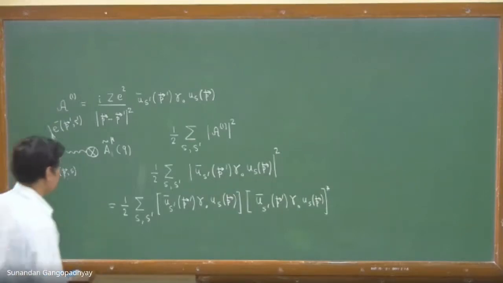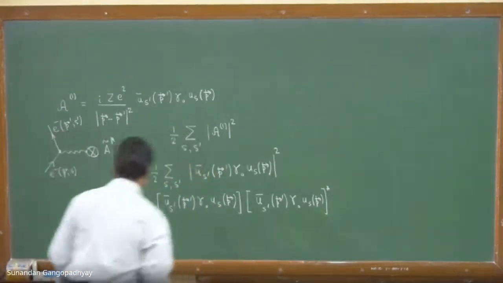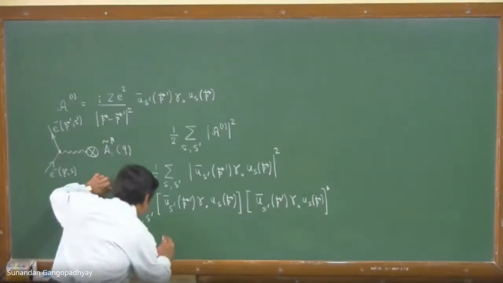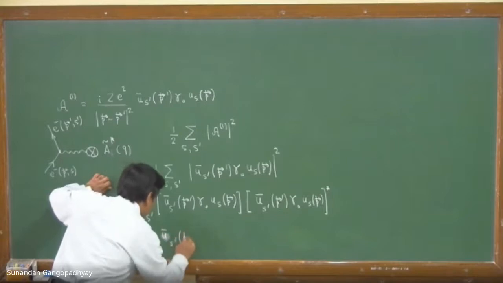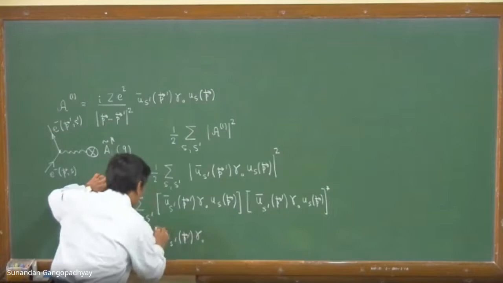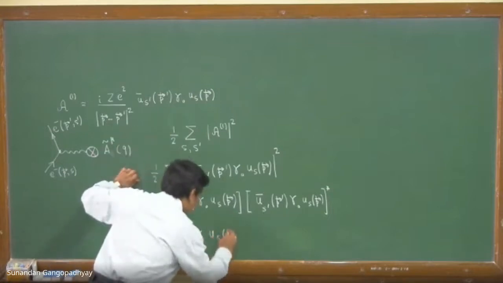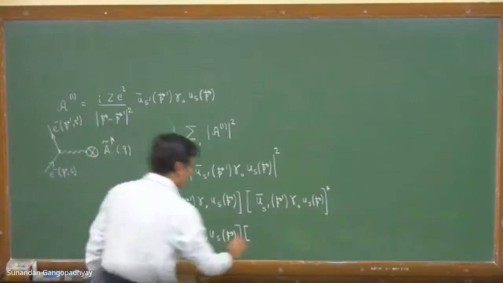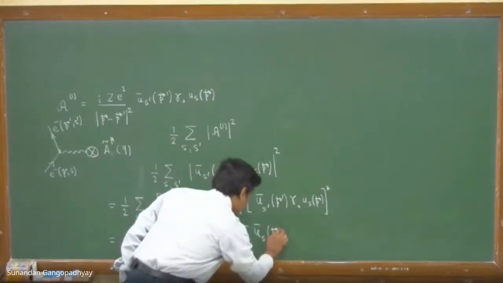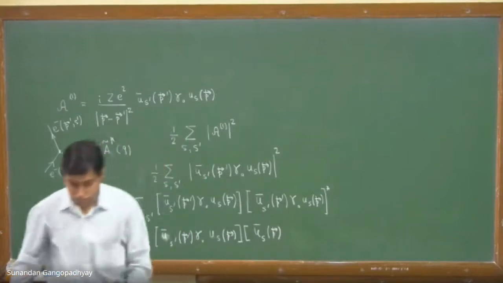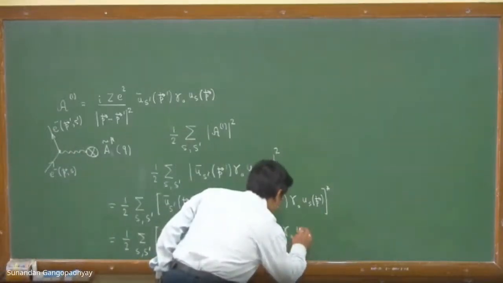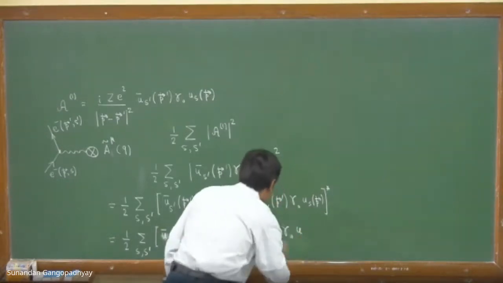And this factor we can write as: u bar of s p, gamma 0, u of s prime.